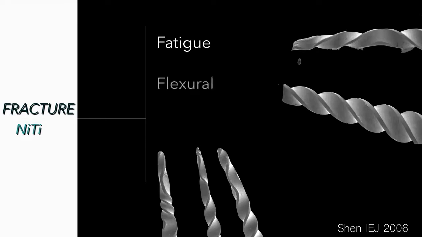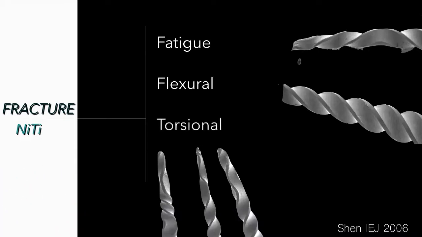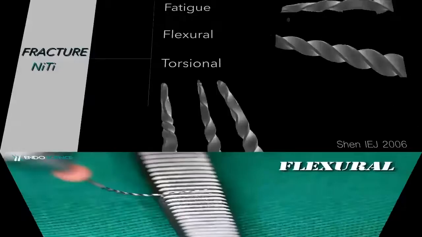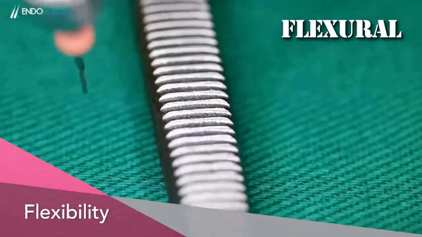The second possible cause of fracture is the flexural fracture. I'll show some videos that will be very easy to understand, as with the torsional fracture too. So the flexural fracture is associated with the alloy, the flexibility of the file.